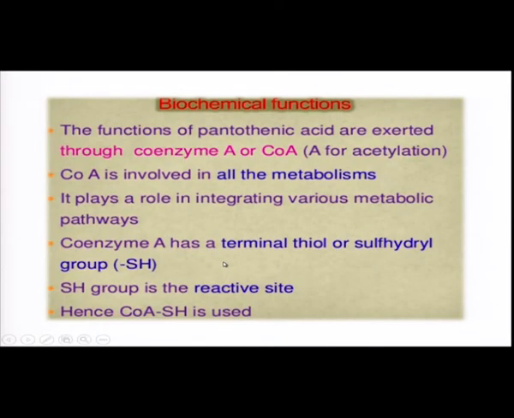Now, if you look into the structure of coenzyme, which I elaborated, coenzyme is basically the functional molecule, and if you closely look at coenzyme, the reactive end, the sulfhydryl end, is that part which is extremely effective in initiating the chemical reaction. So, you now integrate pantothenic acid as part of the coenzyme structure.